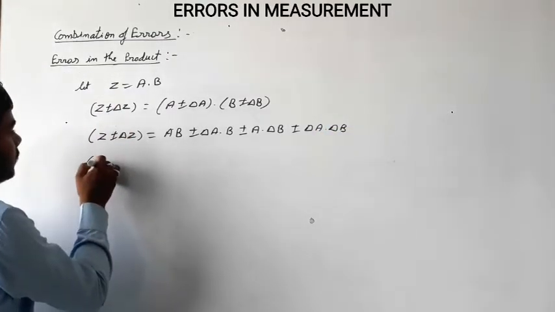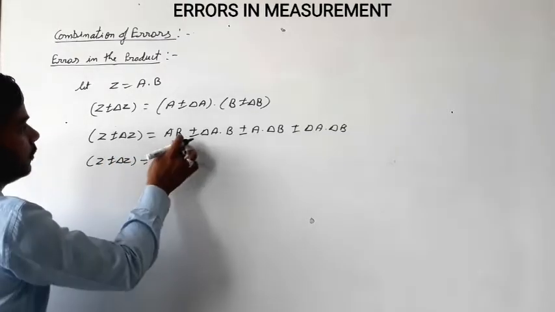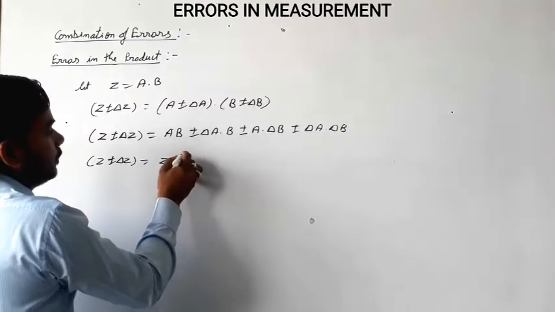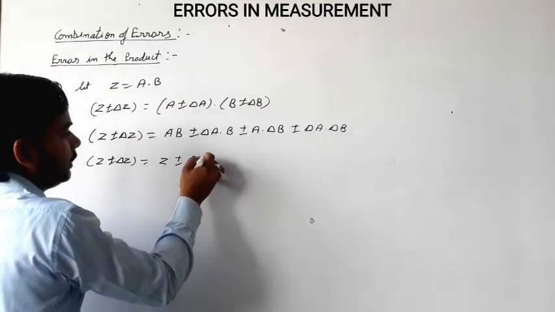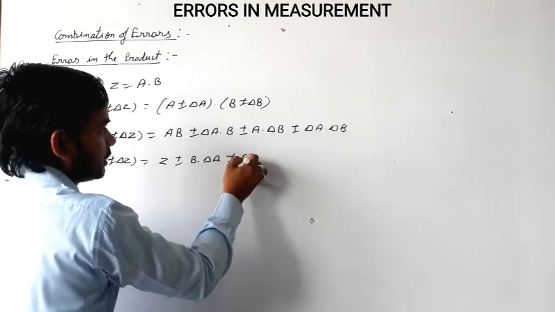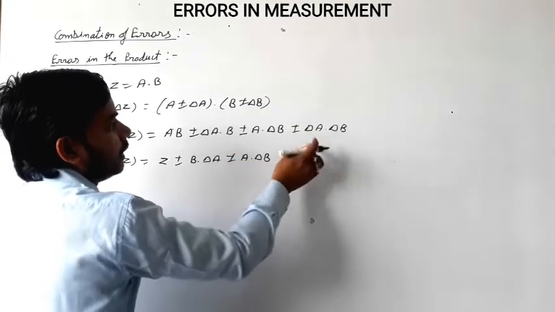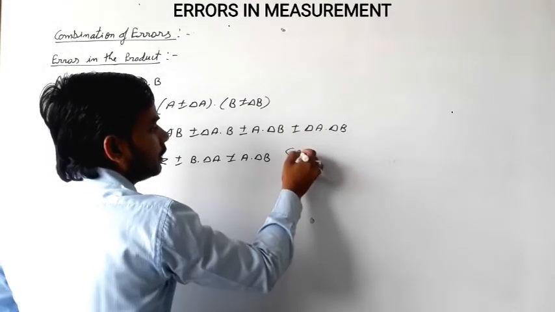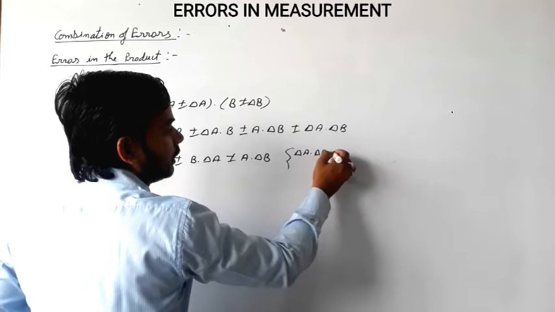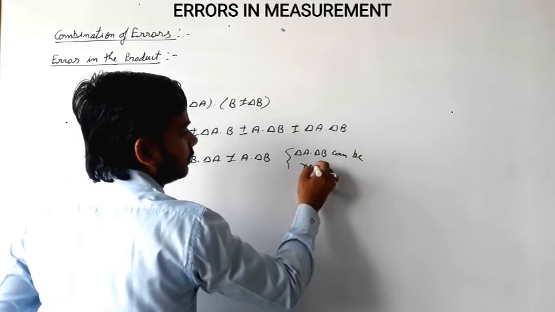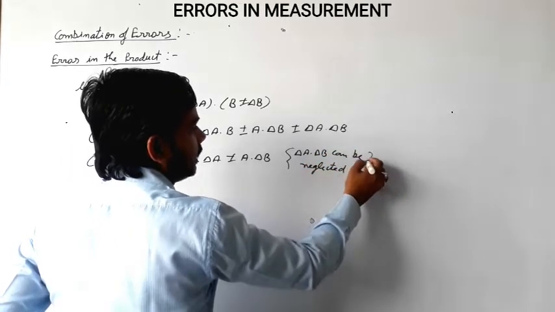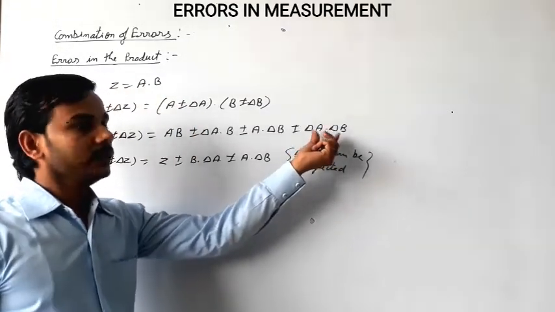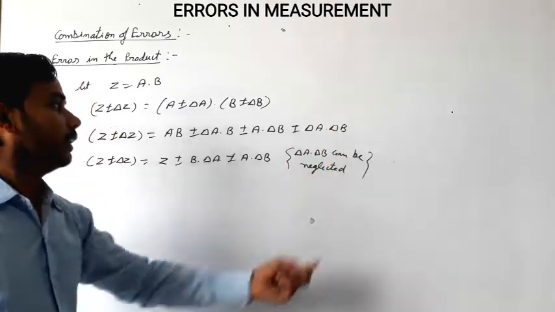Now Z plus minus delta Z, and the value of AB is Z, so Z and plus minus B into delta A plus minus A into delta B, and this last term can be neglected, because delta A and delta B both are very small, and the product of these two small quantities will also be very small, so this can be neglected.